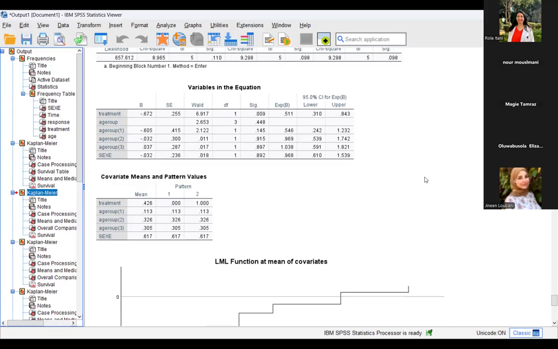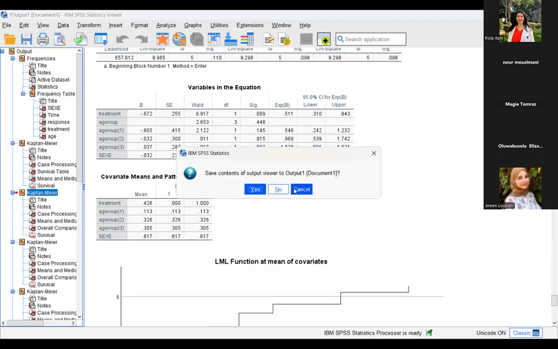Now this is SPSS. Let's go to Stata, your favorite Stata. So I'm going to close. I'm not going to save anything because you can do it yourself. Okay. Do you want me to save? I'll save and put it, and then you can check.